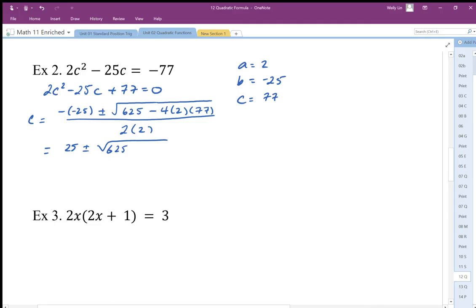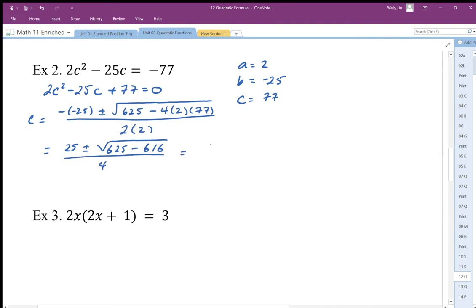625. Okay, so it's going to be 8 times 77, so 8 times 70 is 560, and 8 times 7 is 56, so 625 minus 560 plus 56, so 616, I think. So 56, 560, and then plus 56, yeah, so 616 all over 4.